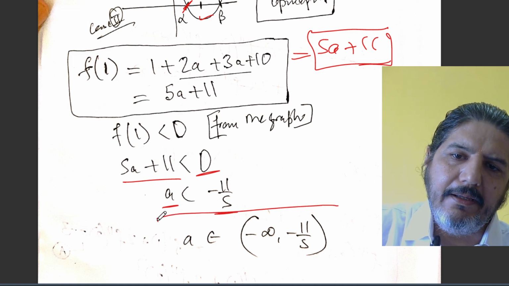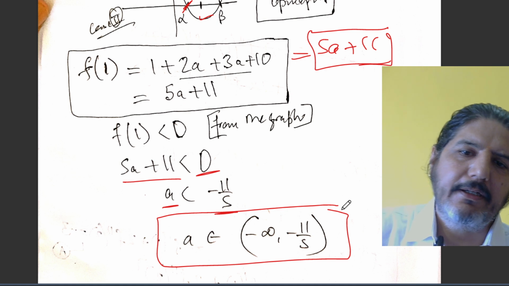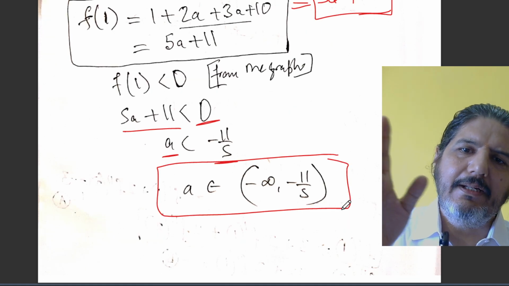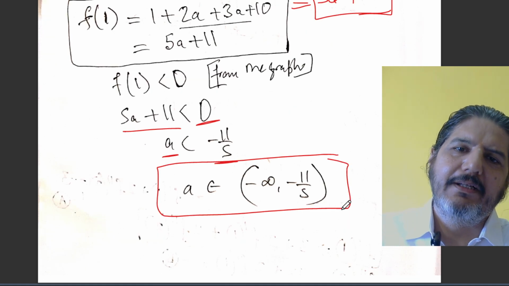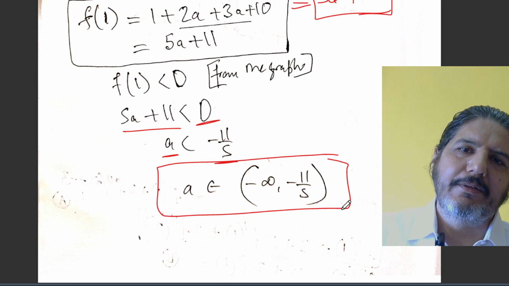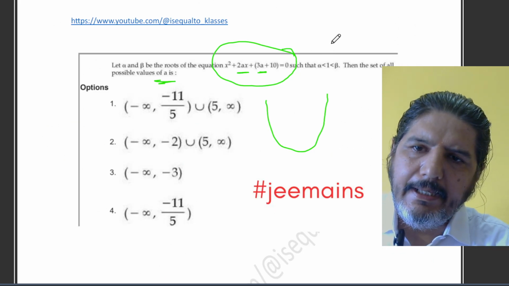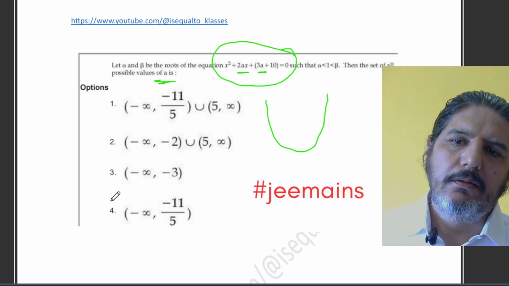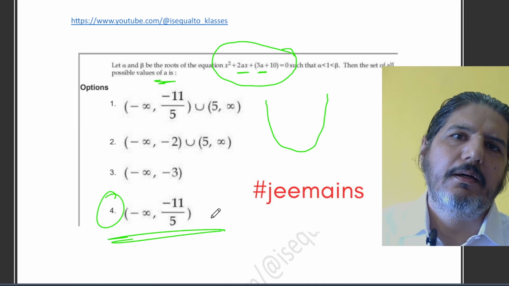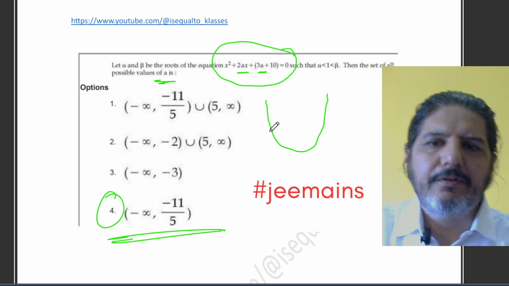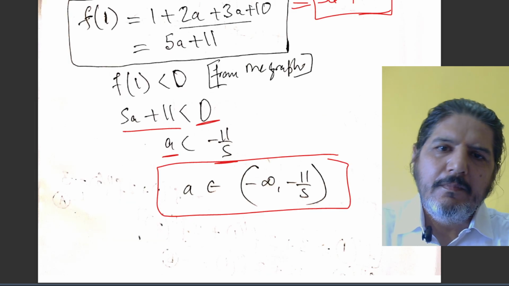So my a would be constrained to lie from minus infinity to minus 11 by 5. This is the right choice.